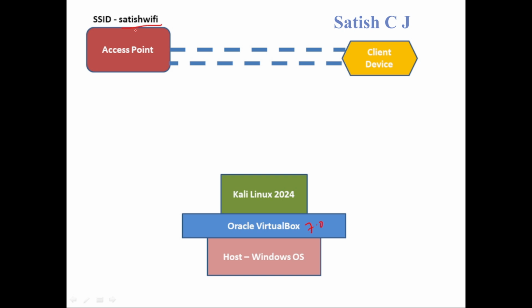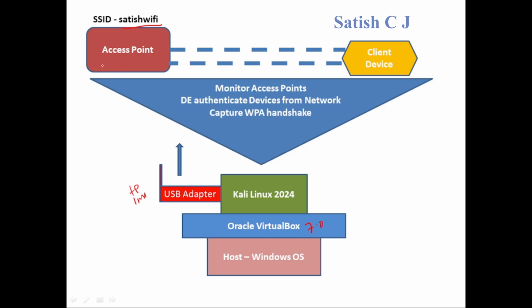So we have our own network and from Kali Linux we'll use a wireless USB adapter. We'll be using a TP-Link adapter here and this adapter will first be put in monitor mode. Then this adapter along with Kali Linux and a set of tools will be used for monitoring the network. We'll monitor the network and we'll de-authenticate.